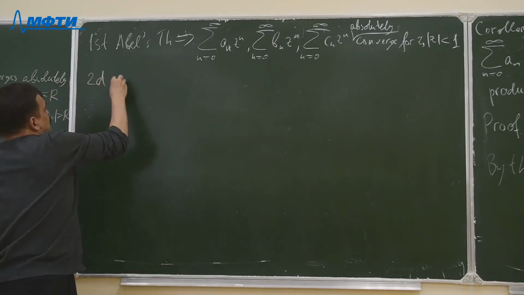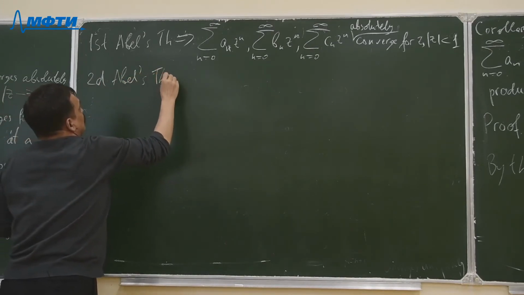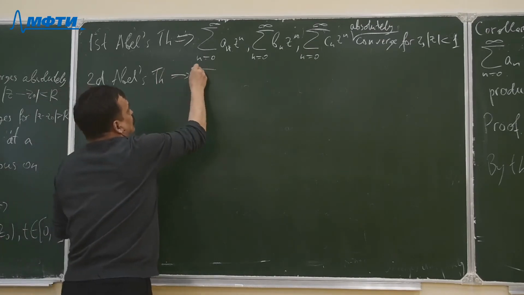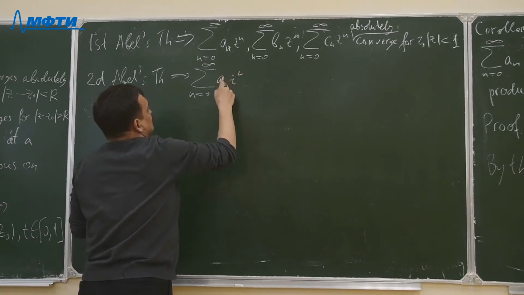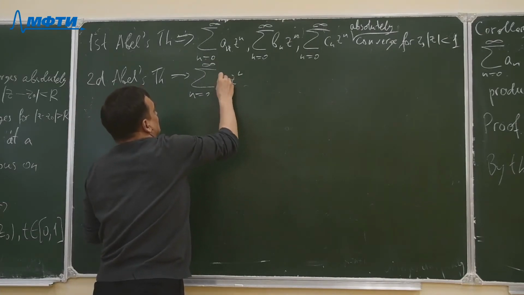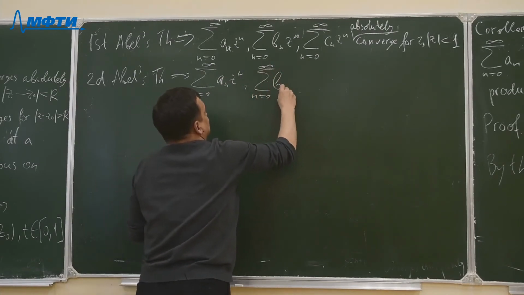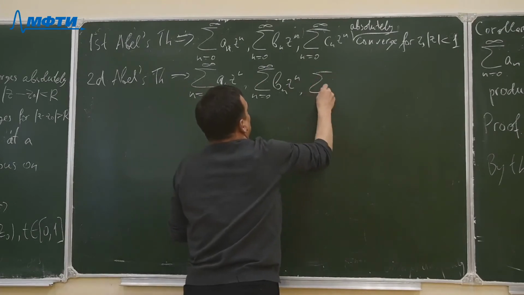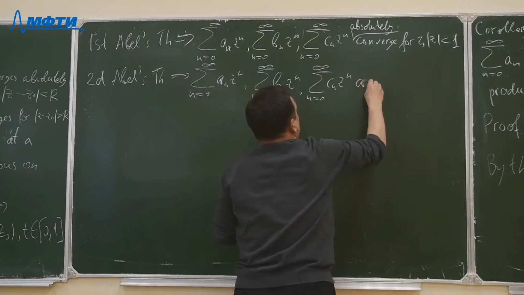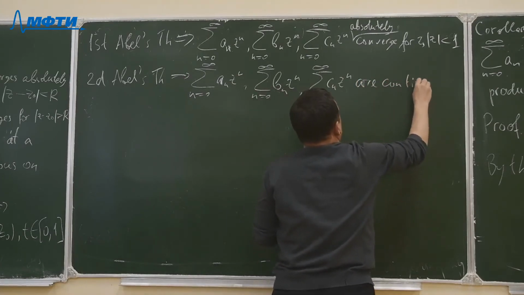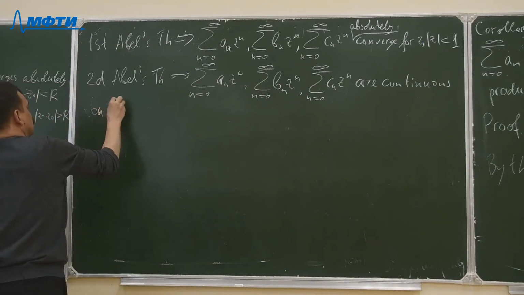The second Abel theorem implies that the sums, I use the same notation for the sums, these are sums of those series, are continuous on [0, 1].